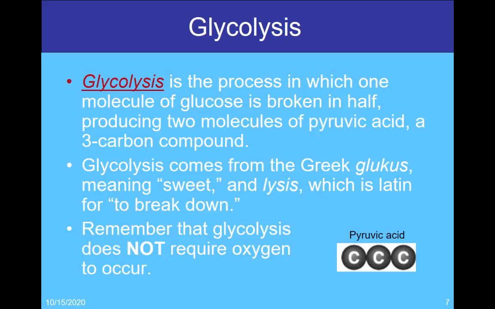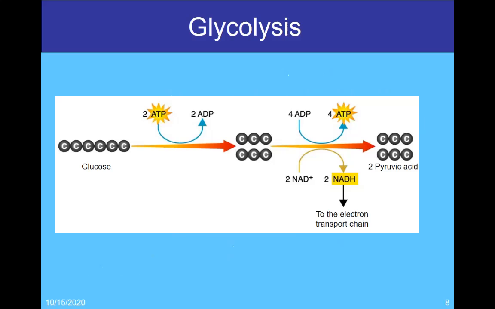Now remember that glycolysis does not require oxygen to happen. Okay? No oxygen is required, and it takes place inside the cytoplasm, not inside the mitochondria. Okay? So let's look at a quick overview of glycolysis. So in glycolysis, we're going to go ahead and actually use 2 ATP to break apart the glucose molecule. That then is going to settle into a more stable form of pyruvic acid and produce 4 ATP and 2 NADH.